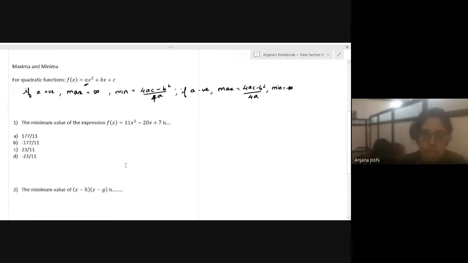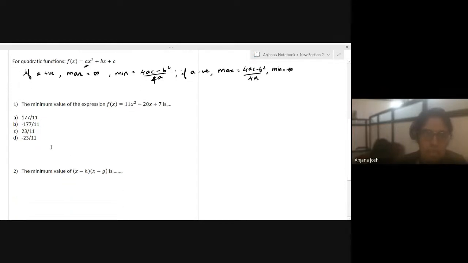So now let us illustrate this. The given question is: the minimum value of the expression f of x is equal to 11x square minus 2x plus 7 is what? Let me make use of the topic I just discussed. Concentrate on the coefficient of x square, which is 11, and 11 is positive.